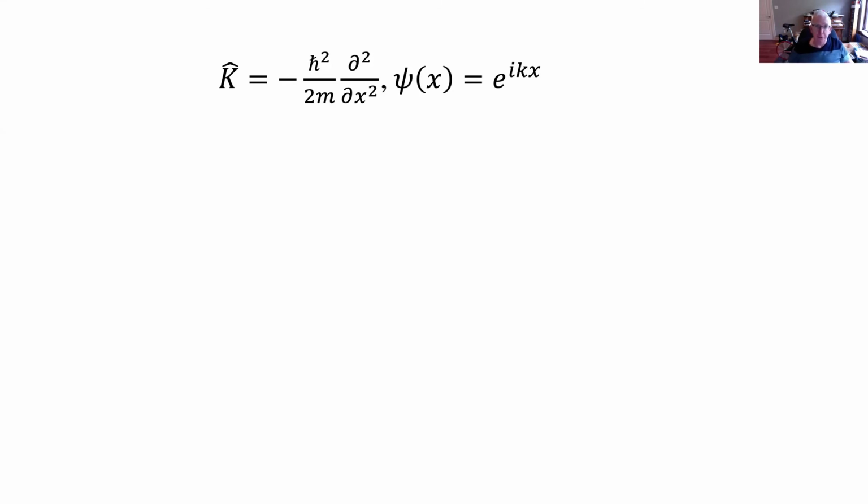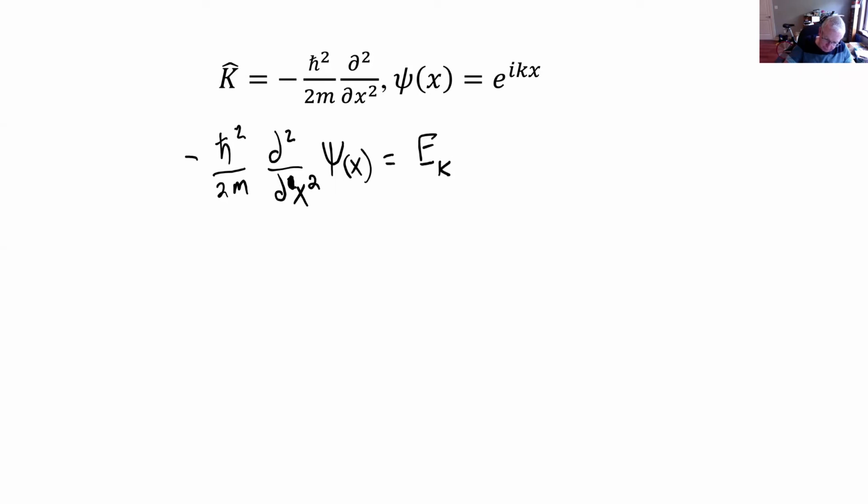So what I'm going to do is say that if I do this, I should get minus h bar squared over 2m, second derivative, I missed the x, call it E_k, psi of x, and then I'm going to put in that form.